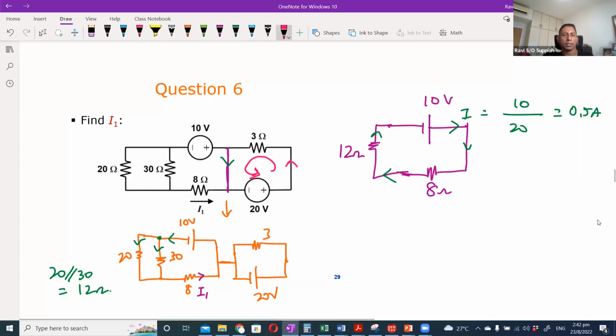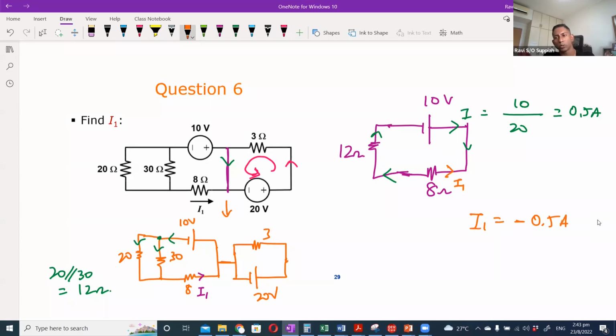But the label direction that is already given to us is in the opposite direction. That means we are given I1 to be pointing in this direction. That means the I1 is actually 0.5 ampere, but it is supposed to go in the opposite direction, so the actual value is minus 0.5.